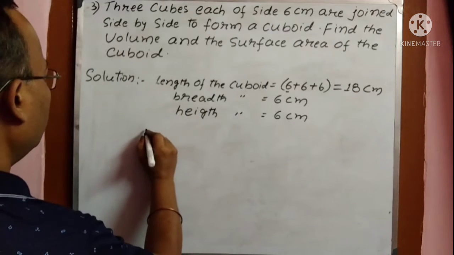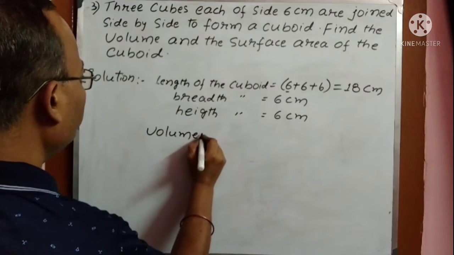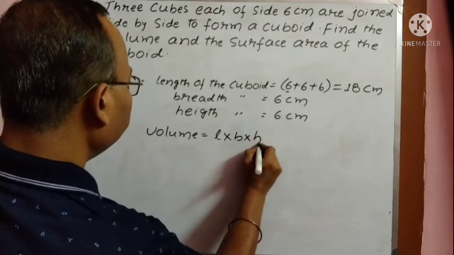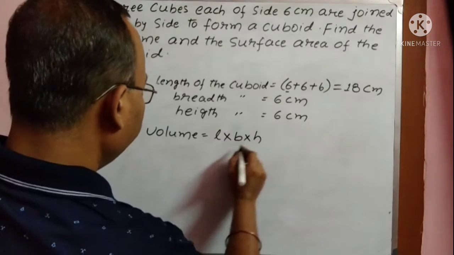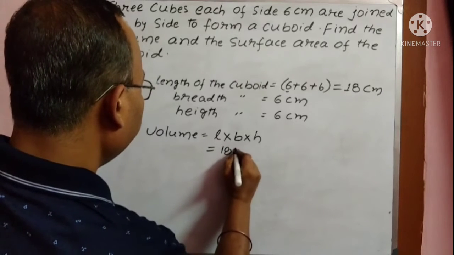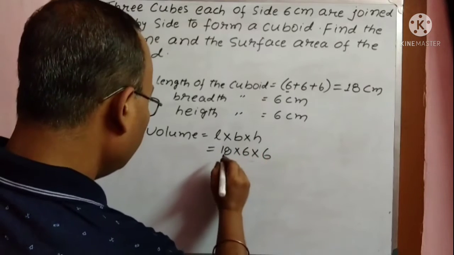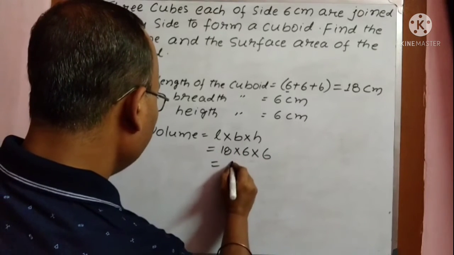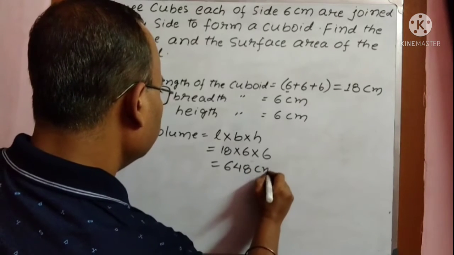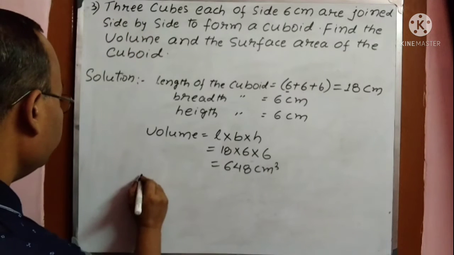So what will be the volume? Volume will be your length into breadth into height, which is equal to 18 into 6 into 6, which is equal to your 648 centimeter cube.